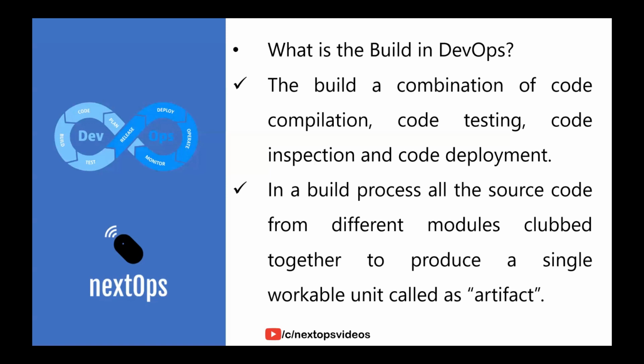So usually artifacts will come out of the build, and this artifact could be an executable like an exe or a DLL or a jar file or a war file or a Ruby gem or Python file, could be anything. And when we deploy this artifact onto an infrastructure, it will run as an application such as a mobile app or a web application.